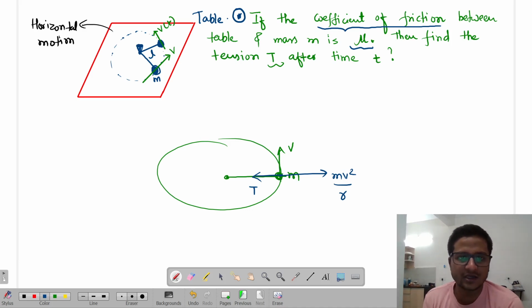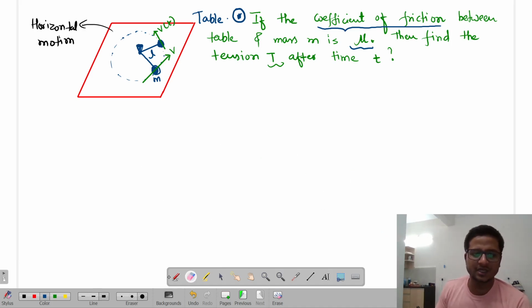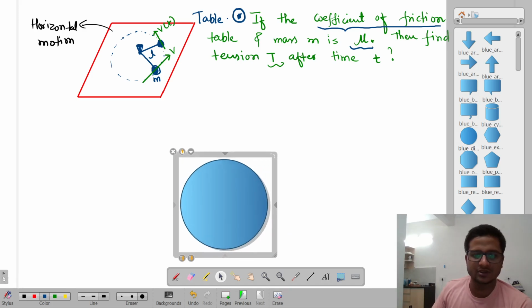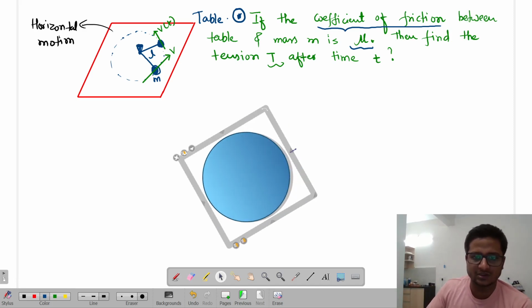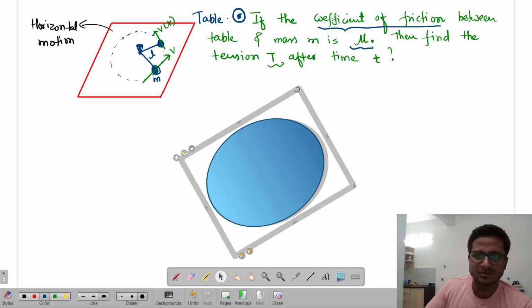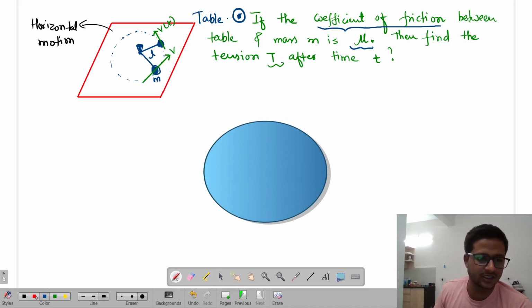Are you understanding what I say? Basically, what sense is this motion happening in? If you were in class, I could understand you in a much more perfect way because these things require visualization. Okay, no problem, I'll show you. This is my circular motion which is happening in horizontal, isn't it?